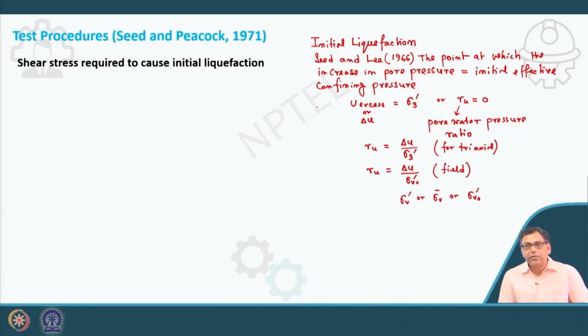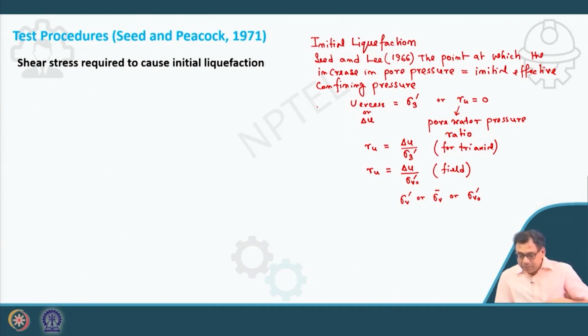Similarly you can write sigma 3 C, C means under confining, or consolidating. Under consolidation condition we provide the sigma 3, so in a different way it can be written as sigma 3 dash or sigma 3 C dash, okay. So, we will use this notation.